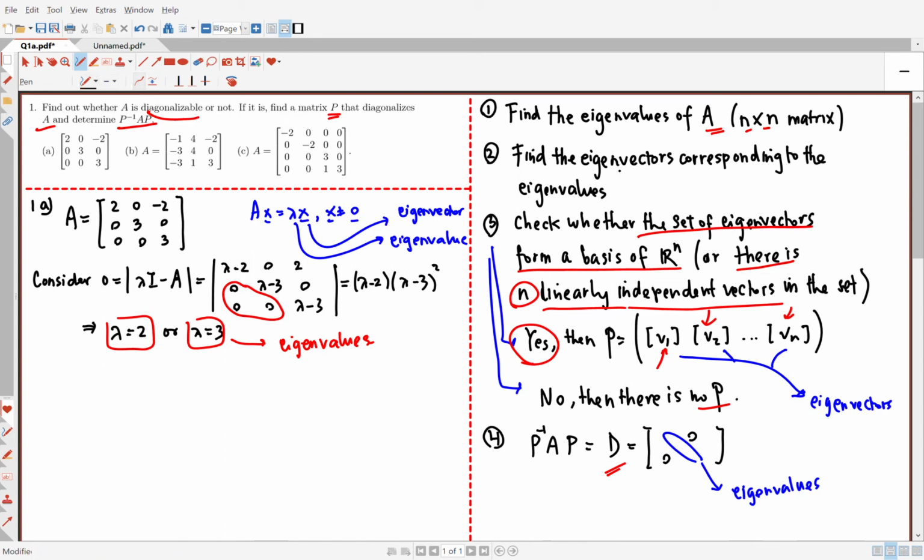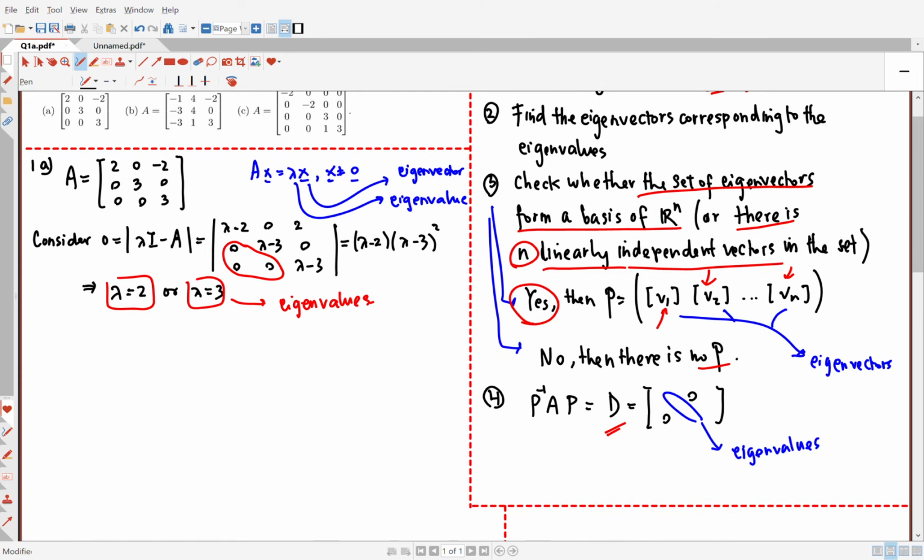Next step, I need to find the eigenvectors corresponding to these eigenvalues. So first, for lambda equals 2, we want to find x that is not 0, such that Ax equals lambda x.